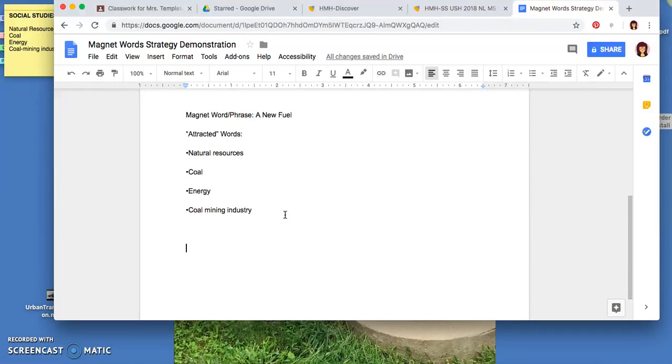So I'm going to look at my attracted words, which are natural resources, coal, energy, and the coal mining industry.